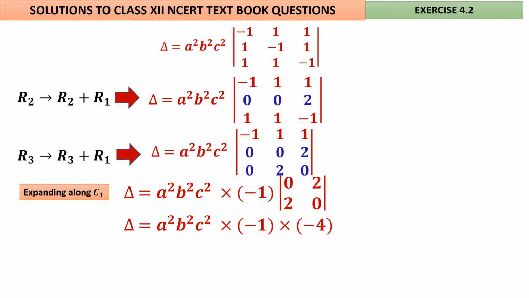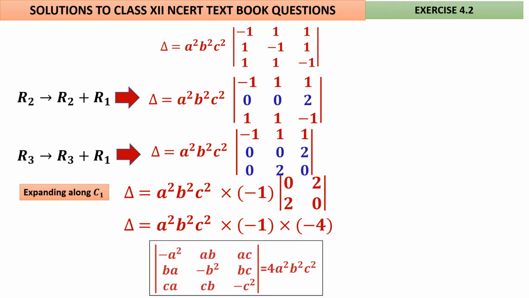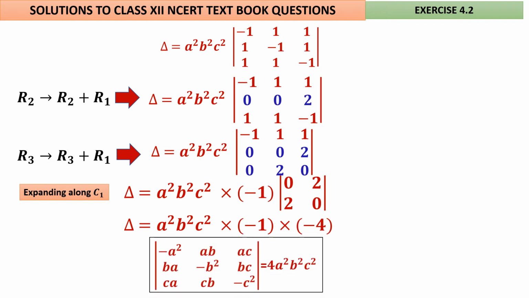Therefore this is a square b square c square into minus 1 into minus 4, so you got 4a square b square c square. Remember, without doing these two row operations also you can do the expansion, but if you make so many zeros inside, then the expansion will be easy for you, but don't try to make so many zeros inside. Is it okay?